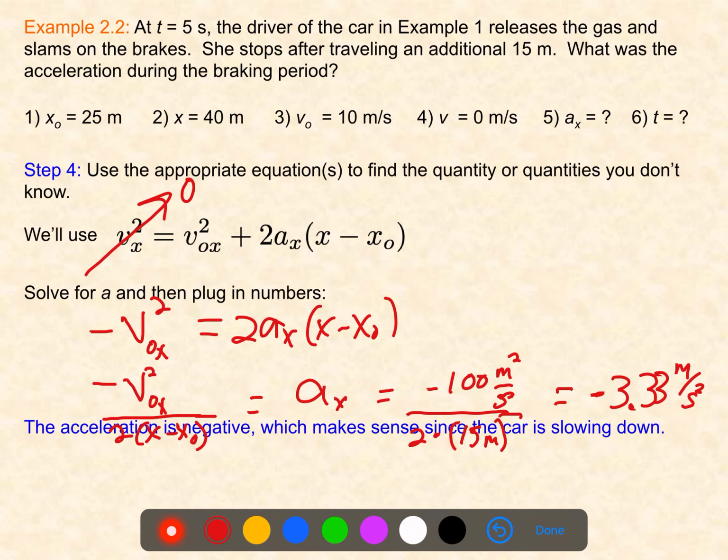Please note that if the car was moving to the left in the negative x direction to start with, and then it was slowing down, we would not want the acceleration vector to point in the positive x direction in order to slow it down. So I don't mean to imply that negative acceleration is equivalent to slowing down. But if you are moving in the positive direction, then negative acceleration does slow you down. So this is sensible.